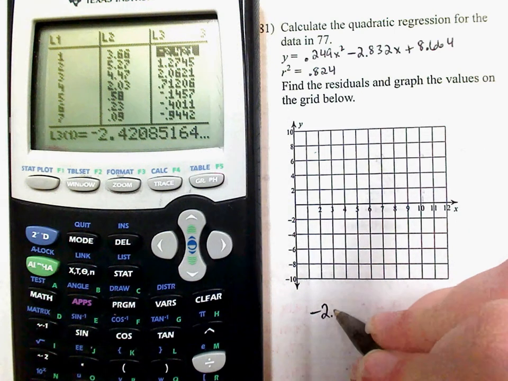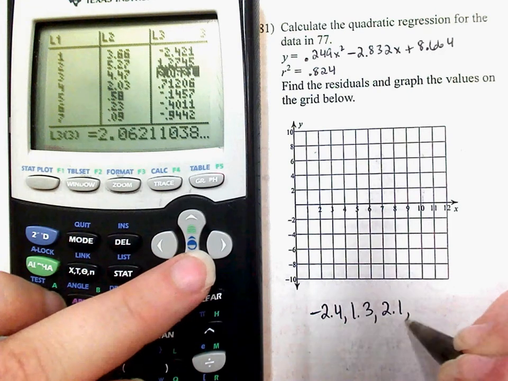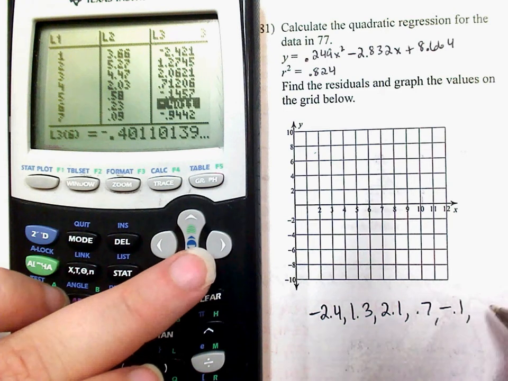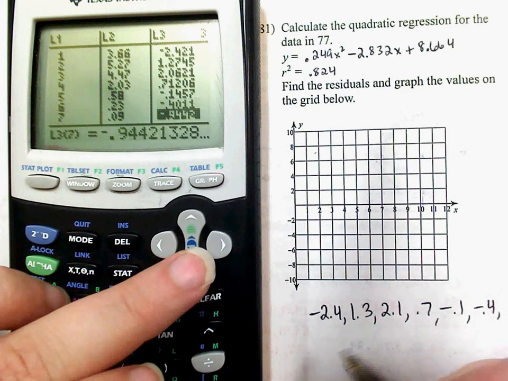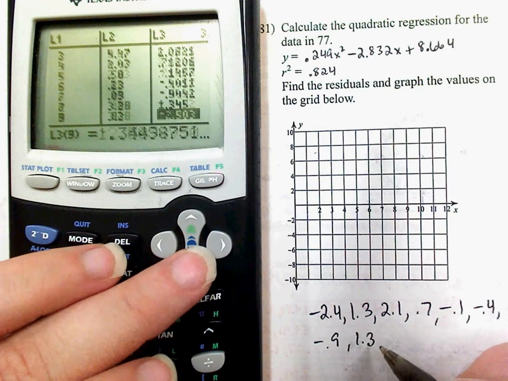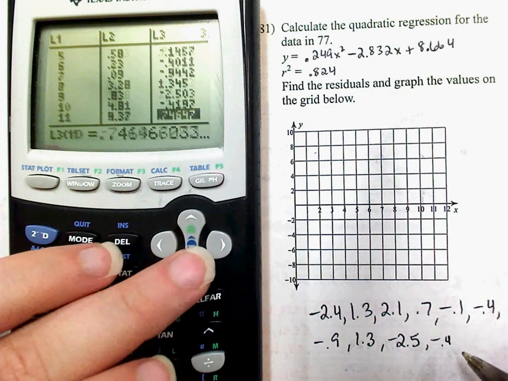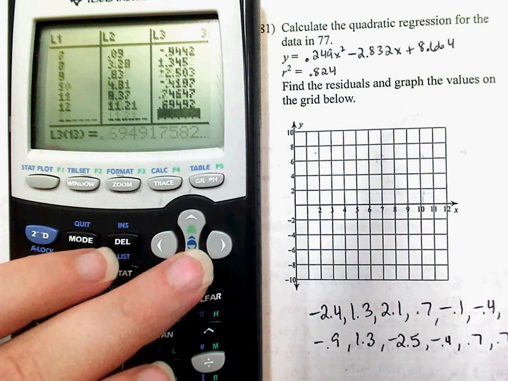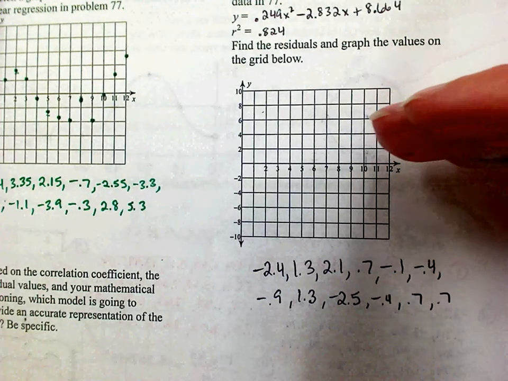Negative 2.4, 1.3, 2.1, 0.7, negative 0.1, negative 0.4, negative 0.9, 1.3, negative 2.5, negative 0.4, 0.7, and 0.7.